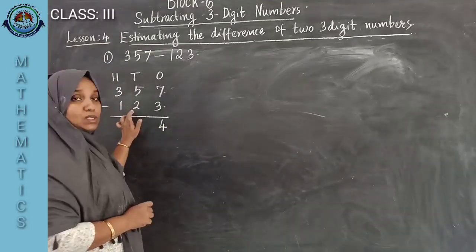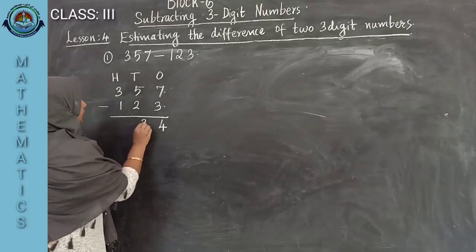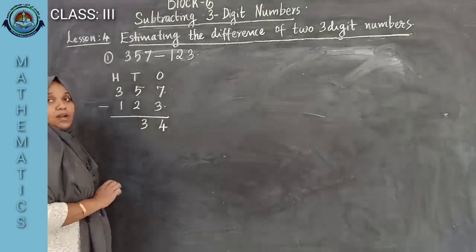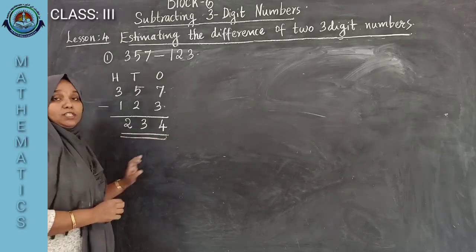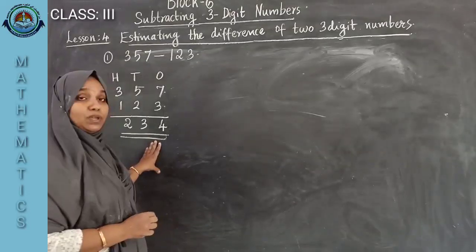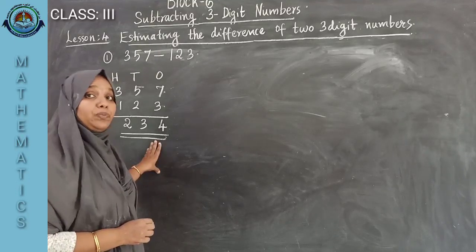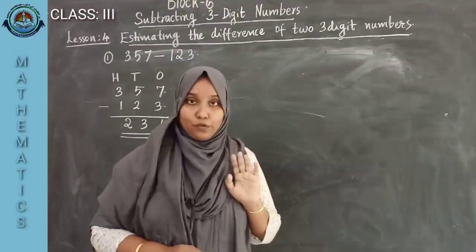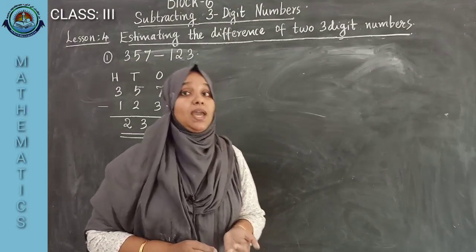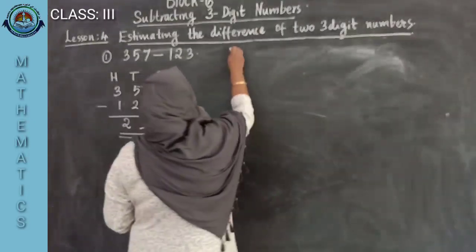Then 5 minus 2 is 3, and 3 minus 1 is 2. So this is the actual difference. The actual difference we got is 234, and our aim is to find the estimated difference.